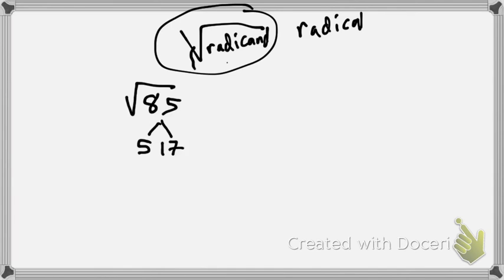So when we're looking at square roots here, we need to realize that when we're having a square root, this number right here, remember, is the index. If it's a 3 or a 4, it's the third root or fourth root or whatever.